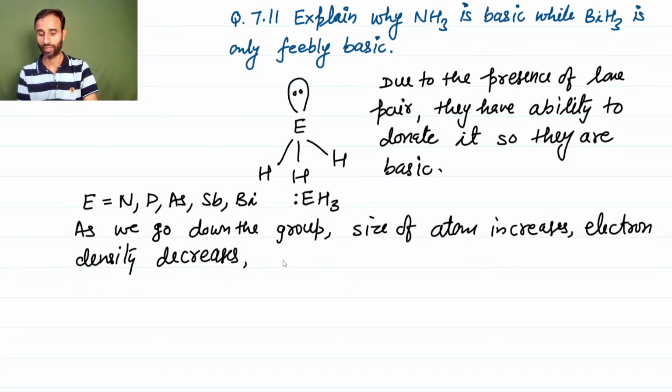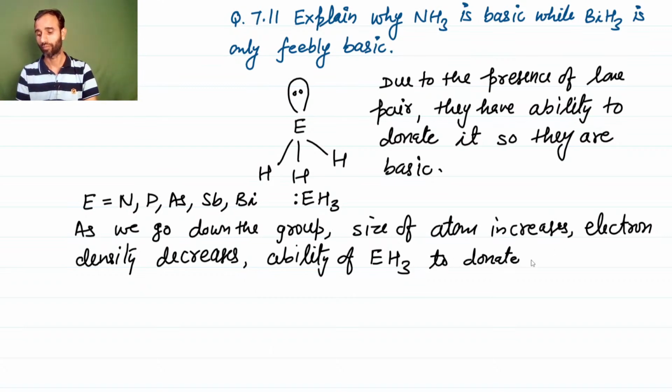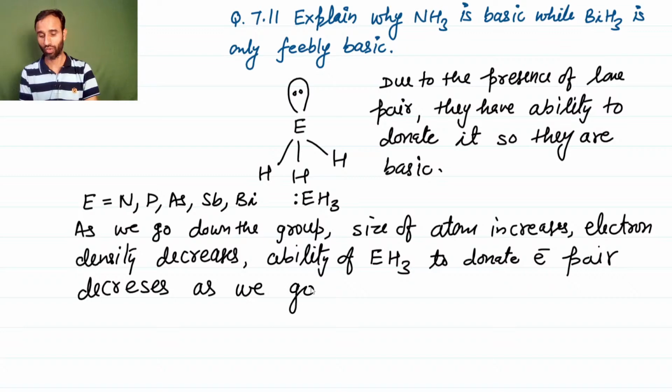So ability of element hydride to donate electron pair decreases as we go down the group, and that's why ammonia is more basic.